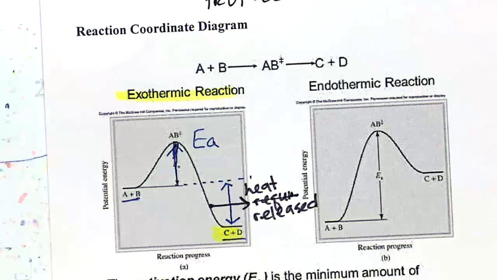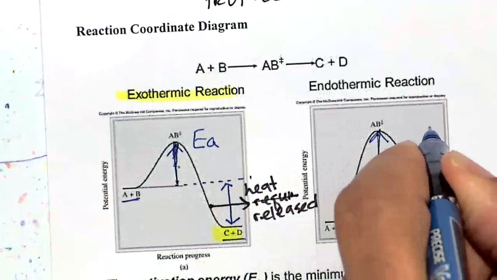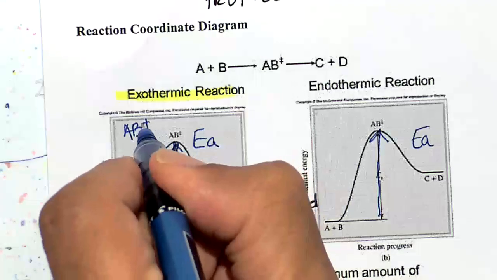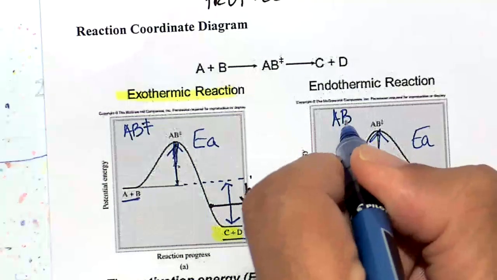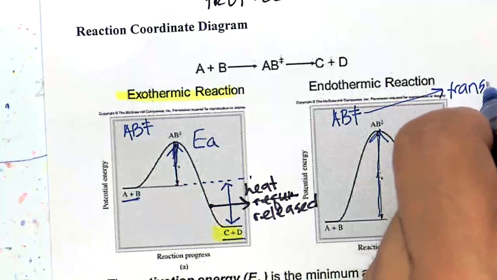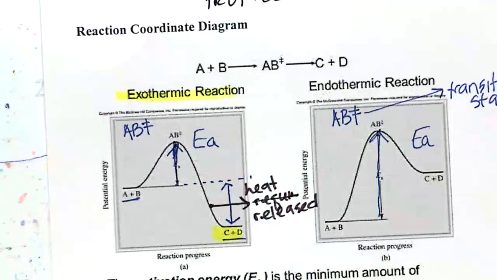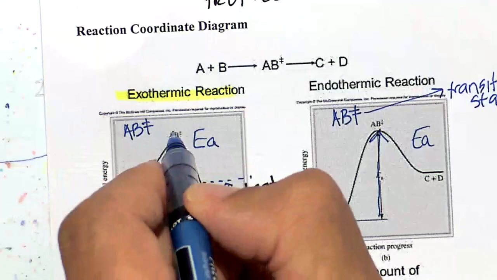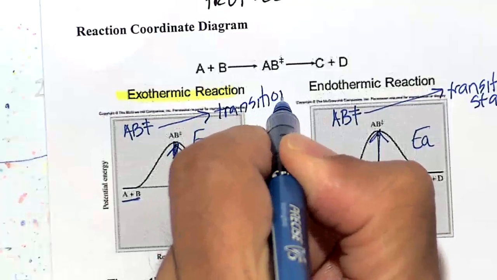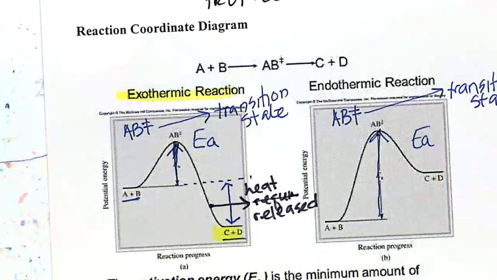We want to contrast that with an endothermic reaction. You still have the same activation energy. You still have that same transition state where right at that moment products will happen. You still have to overcome the hump. We will call that hump the transition state. But as you said, it all goes downhill from here.